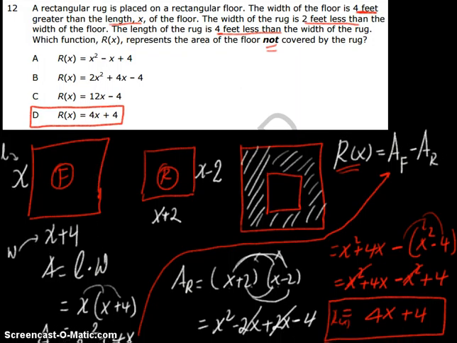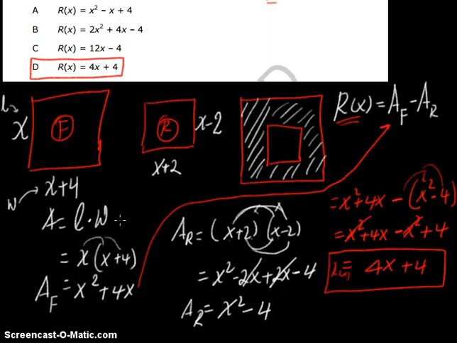After that, we applied a little arithmetic, which is applying FOIL and the area of a rectangle formula. Once we found the individual areas, we took away the area of the rag from the area of the floor, which left us with the area of the floor that wasn't covered by the rag, and that completes the problem.